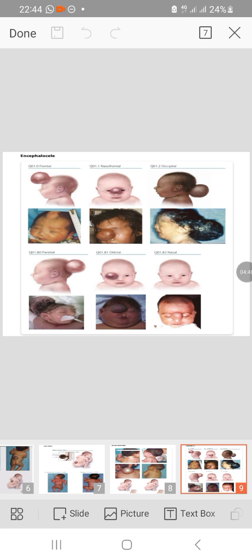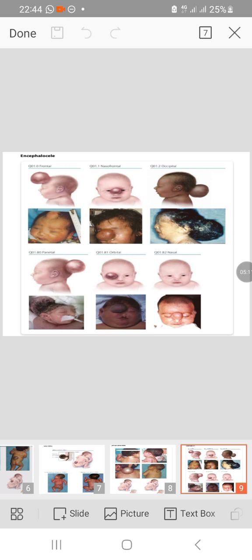You see this child, they have a bulge under the skin. This skin seems to have some contents, but the contents are the brain, mainly the cerebrum, right?